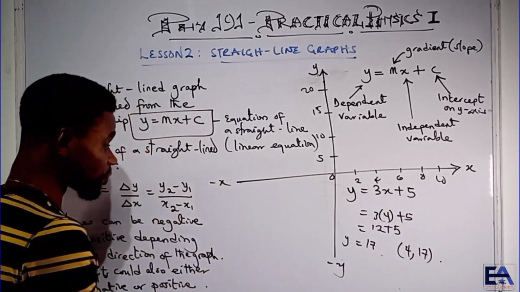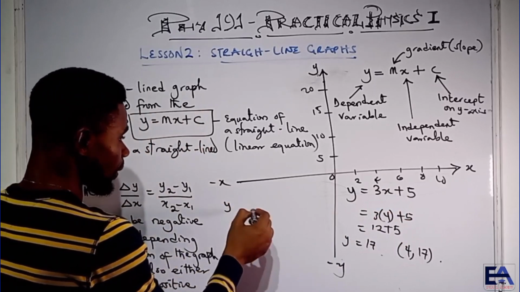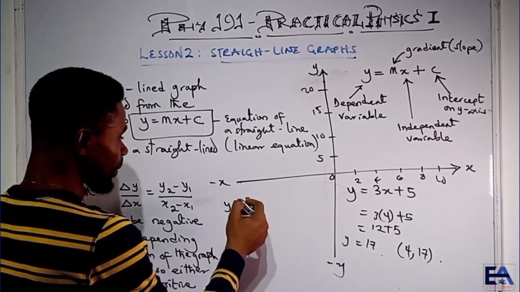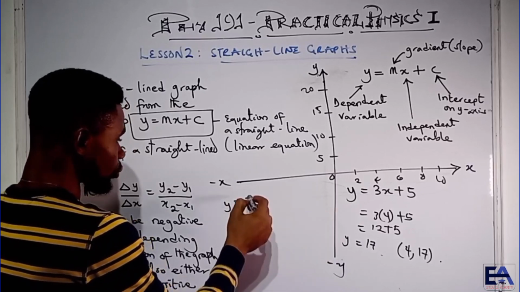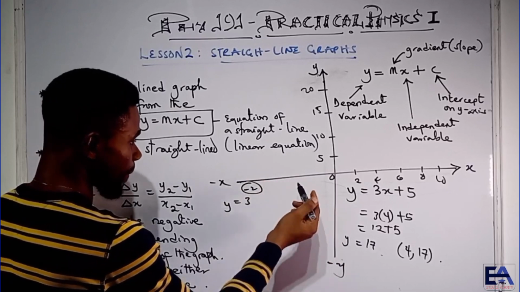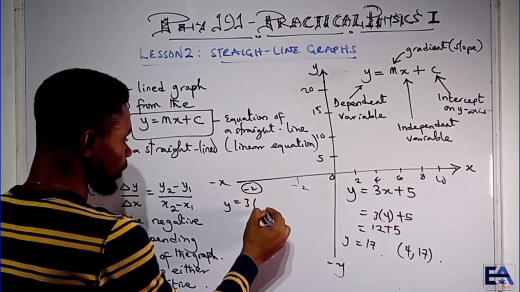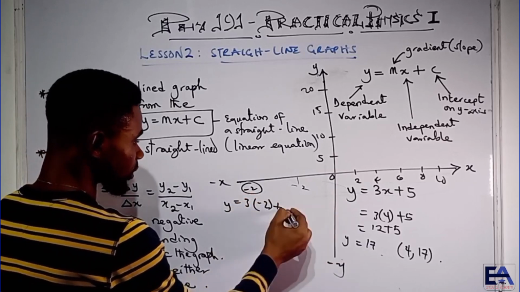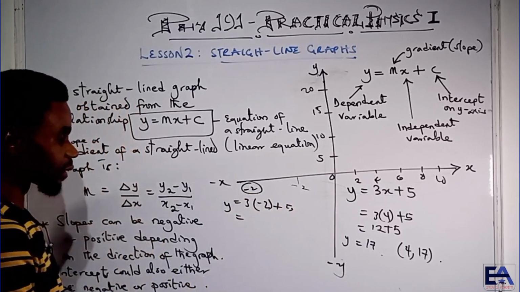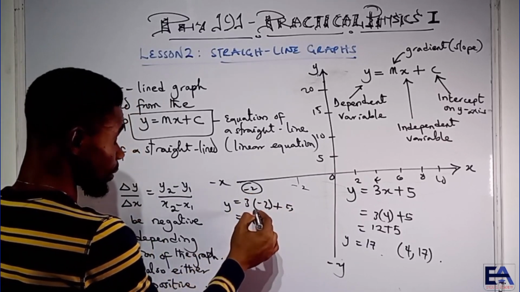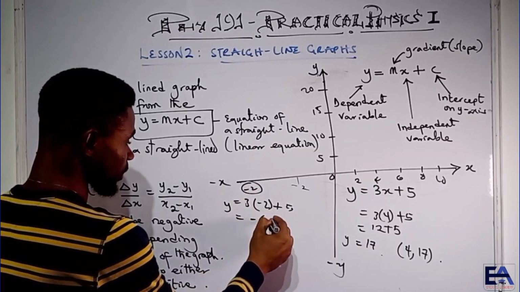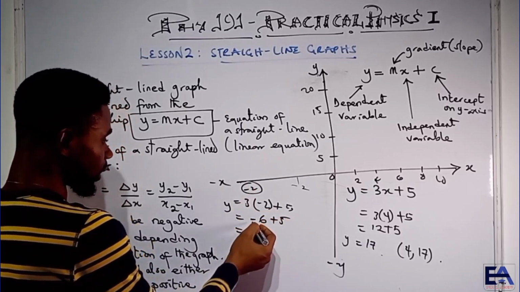If you change the figure, let's say this time x is minus 2, somewhere around here. It means y will be equal to 3 times minus 2, still plus 5. So 3 times 2 is 6, so we have minus 6 plus 5. Y will be equal to negative 6 plus 5.